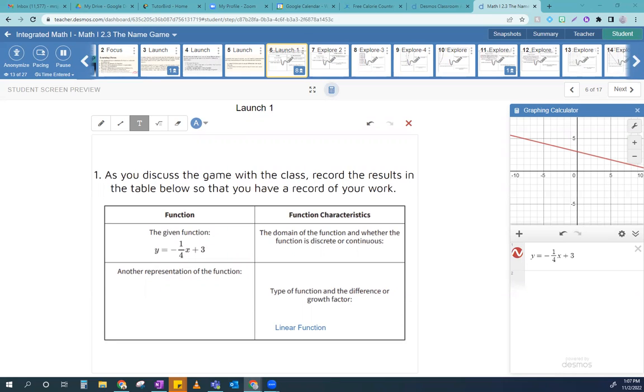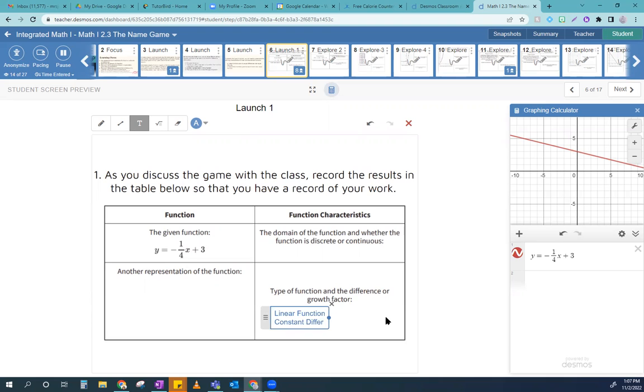Yeah, it's arithmetic versus geometric. Very good. So because it's a linear function, this tells me it has a constant difference.